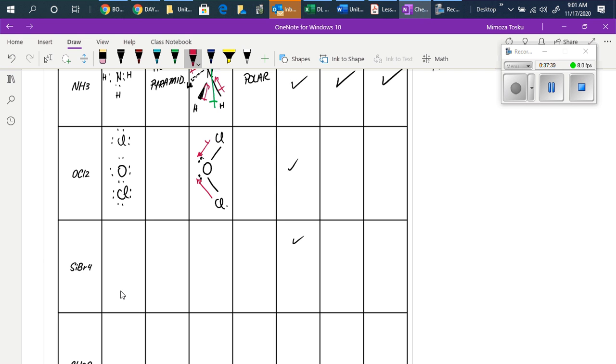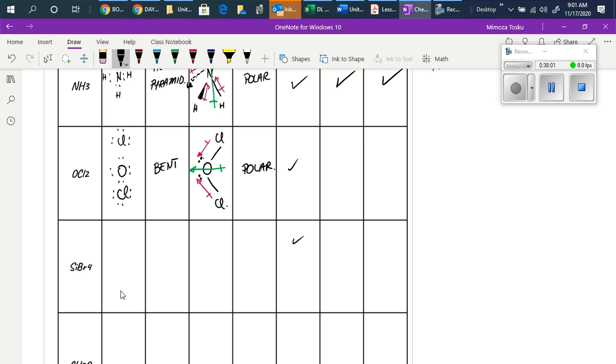So it's a bent one because we have those lone pairs, creating a net dipole in this direction, making it a polar molecule, which gives us the bent shape or angular bend shape.